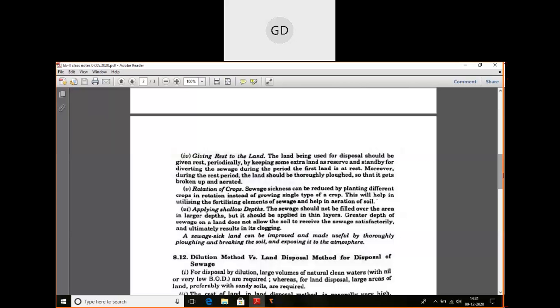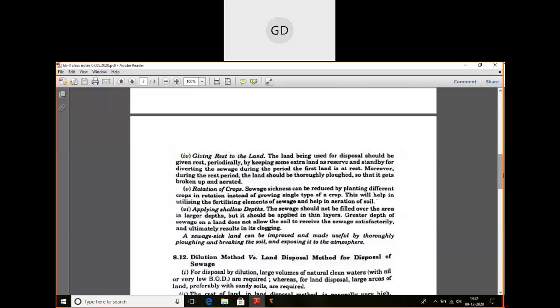So you should keep a piece of land as standby, so that during the period the first land is at rest, you can use the other land. Moreover, during the rest period the land should be thoroughly plowed so that it gets broken up and aerated.